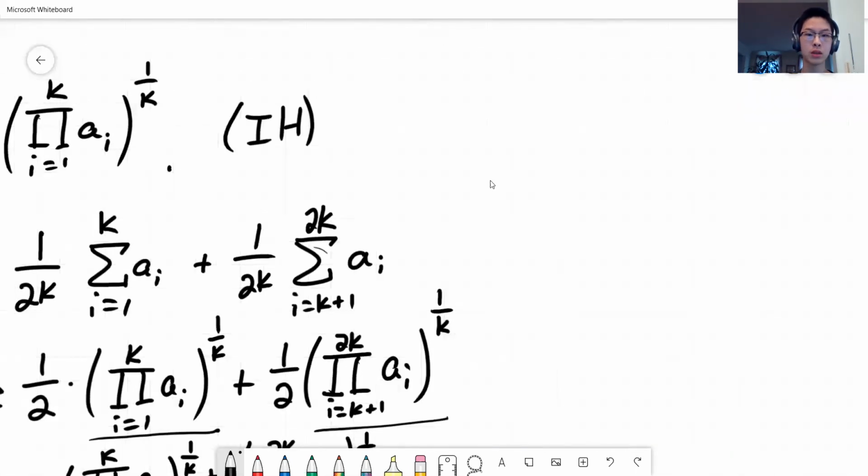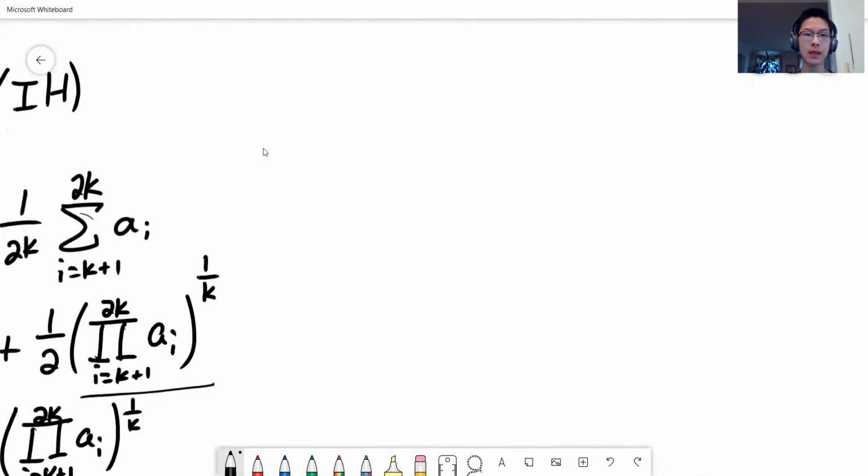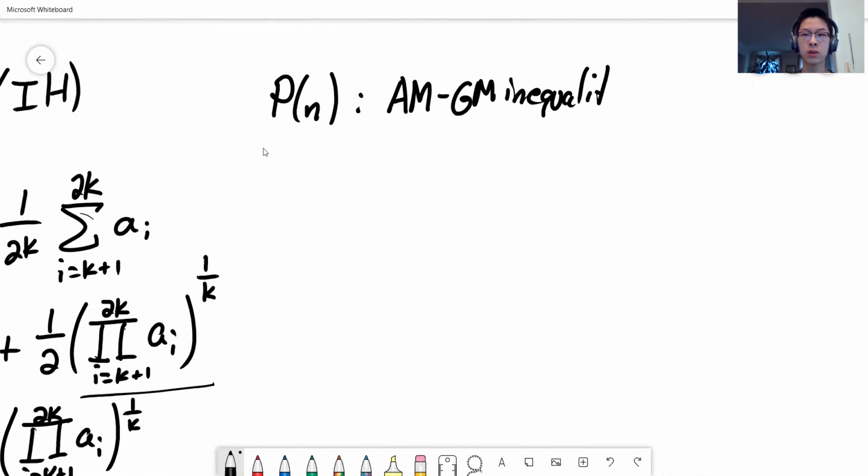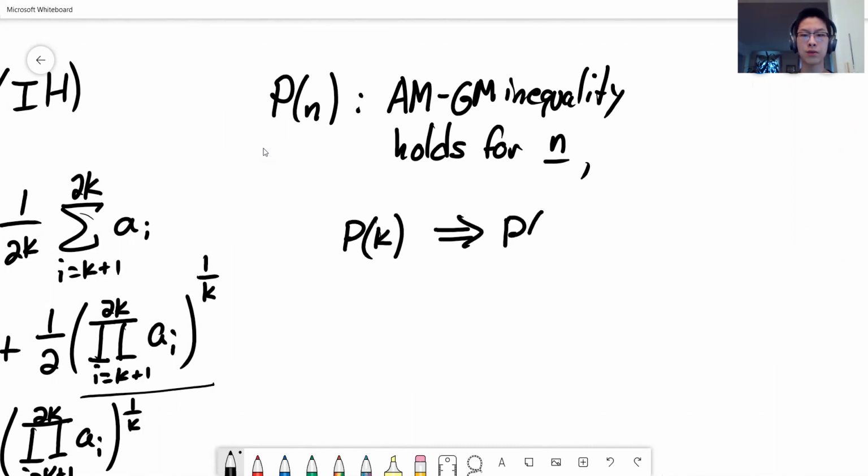So if P(n) is the statement that the AM-GM inequality holds for n, then we've shown that P(k) implies P(2k). And we've also shown that P(1) and P(2) are true.